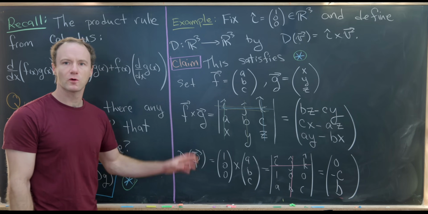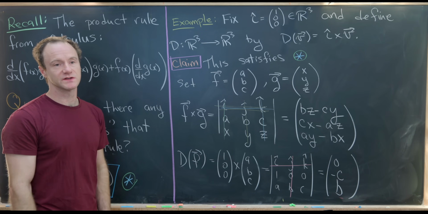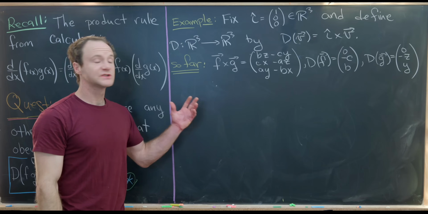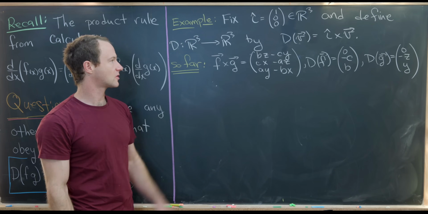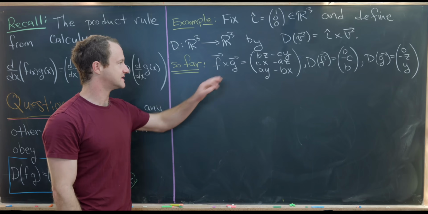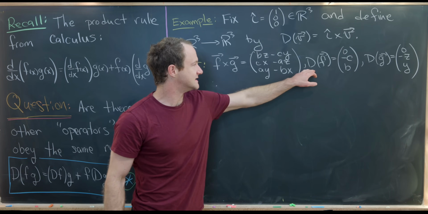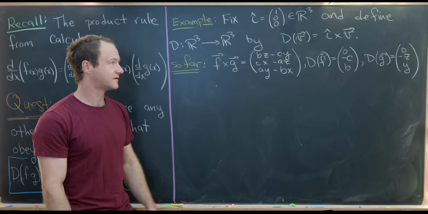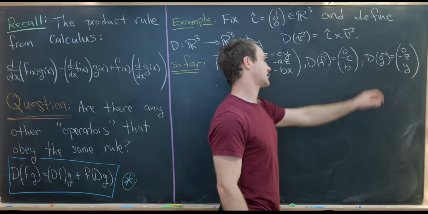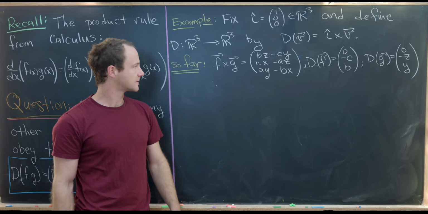Okay, let's clean up the board. We'll summarize what we have so far, and then we'll point towards how to finish this off. In the last board, we calculated f cross g. Let's recall that f was the vector a, b, c, and g was the vector x, y, z. We also calculated D evaluated at the vector f, and likewise, calculating D evaluated at the vector g is pretty similar.